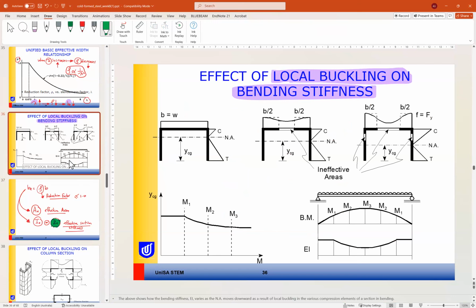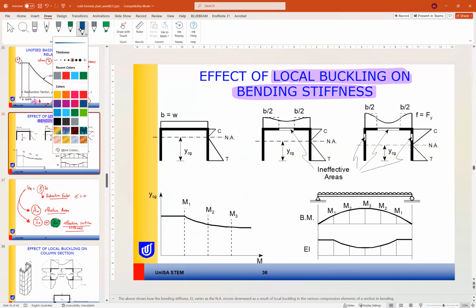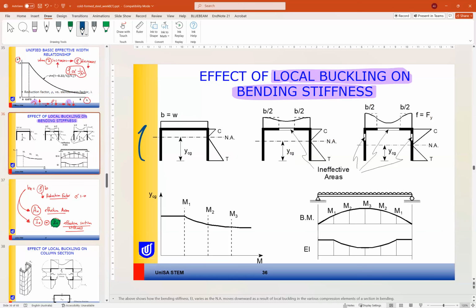If we look at this example quickly, we have a member like this C-section under bending moment, so our top flange will be our compression flange.